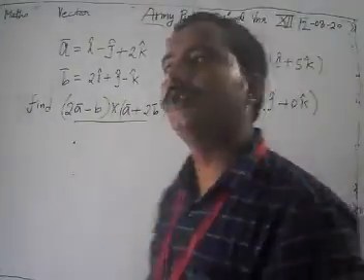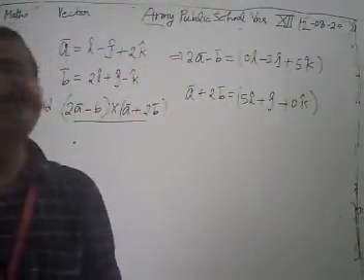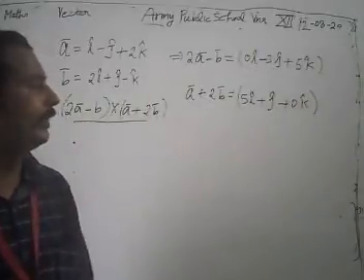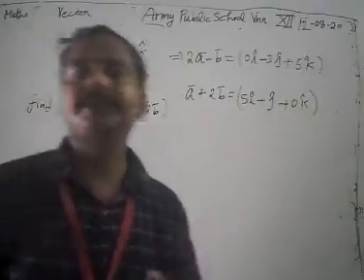Look, we have the value of 2 times vector A minus B as 0i cap minus 3j cap plus 5k cap, and the value of vector A plus 2B as 5i cap plus j cap plus 0k cap.